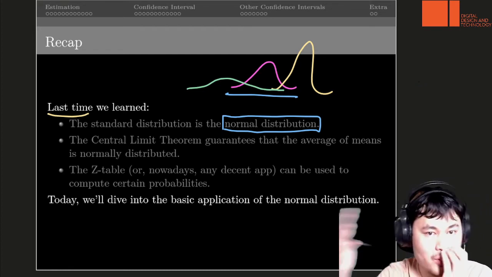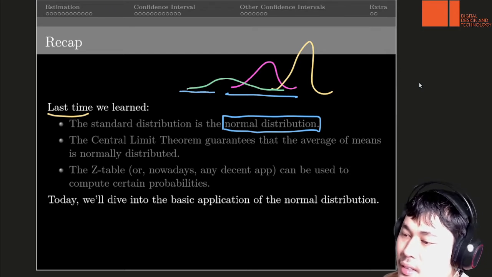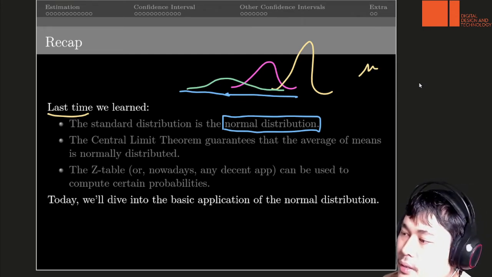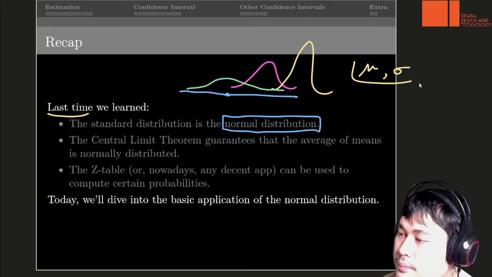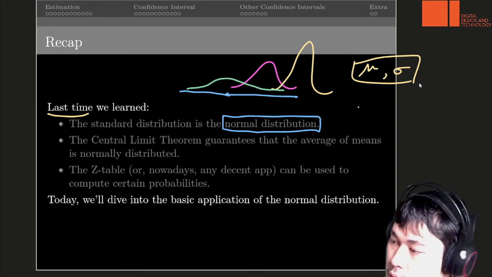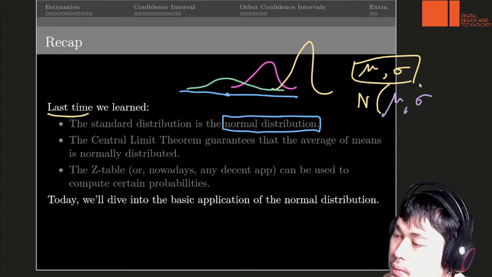Since there are too many different shapes, depending on two parameters, which are the average, mu, and the standard deviation, sigma. If you change these two values, the shape will change, right? And we denote that by this notation.